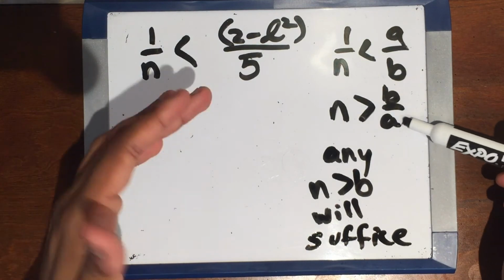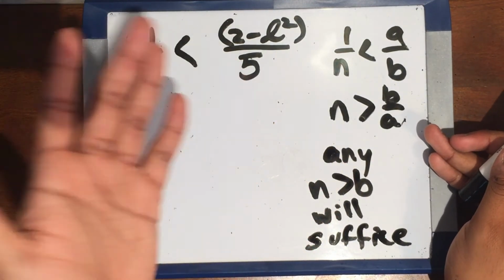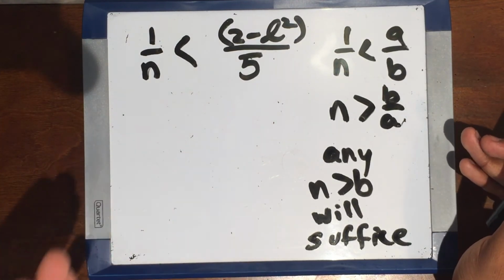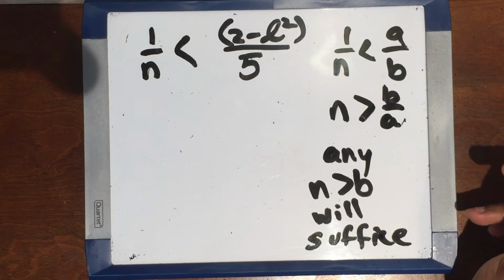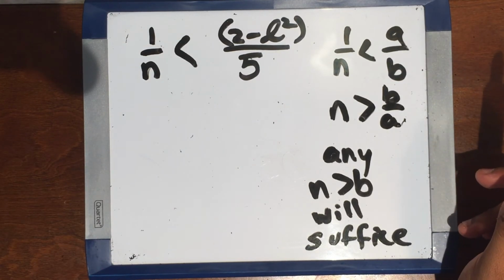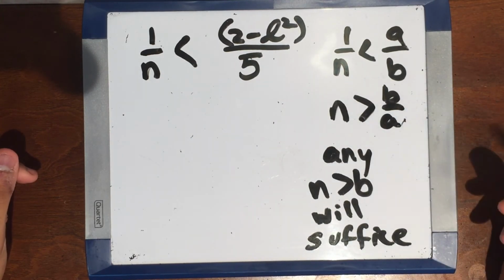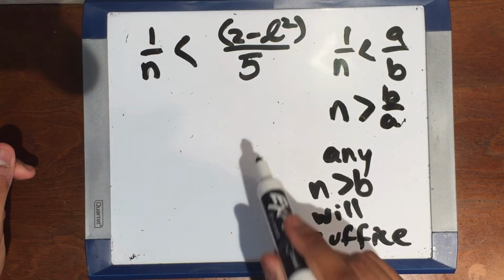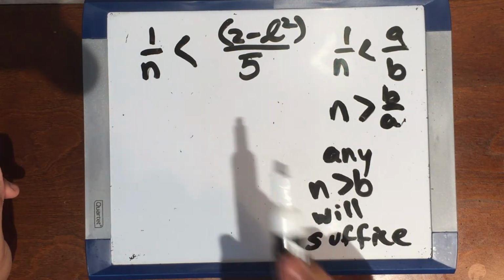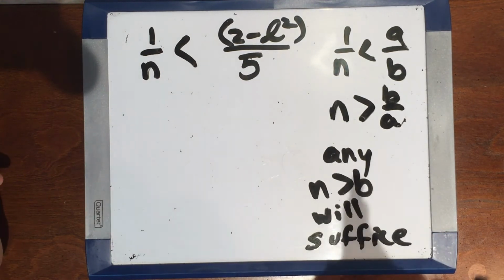Because for any a, if we want a to be greater than 1, we have 5 here, so we don't have to worry about it. And then we need an n that's greater than b. Well, tracing back our steps, we have now found a rational number s that is bigger than L, which is still in S, and hence derived the contradiction to L squared being less than 2.